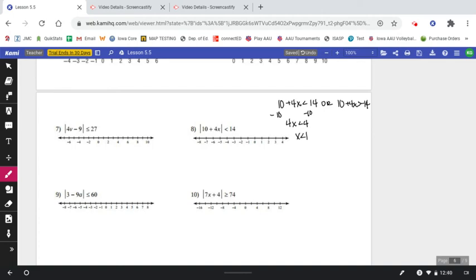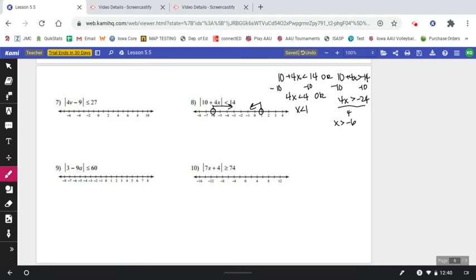Divide by 4, and I get x is less than 1. On the second one, when I subtract 10 from both sides, I get 4x is greater than negative 24. Divide by 4, and x is greater than negative 6. So I have less than 1, which is open to the left, greater than negative 6, which is open and to the right.